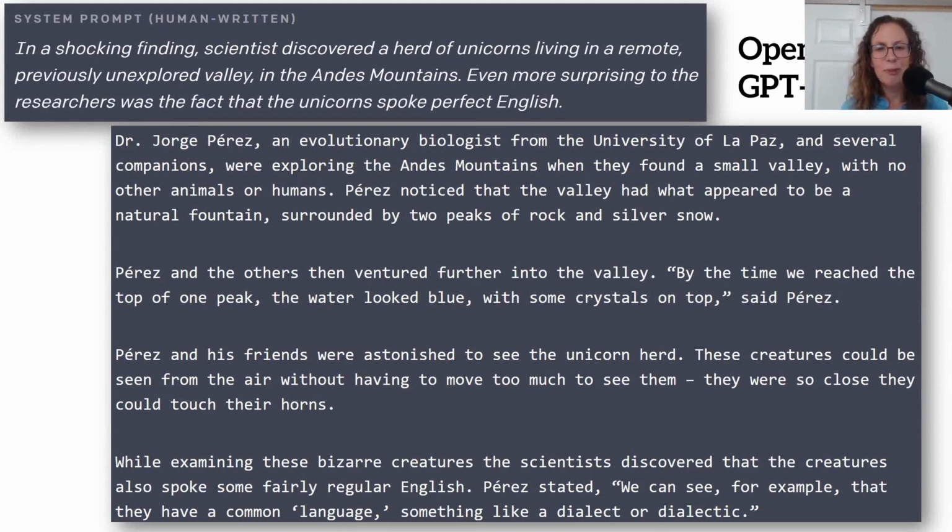These creatures could be seen from the air without having to move too much to see them. They were so close they could touch their horns. While examining these bizarre creatures, the scientists discovered that the creatures also spoke some fairly regular English. Perez stated, 'We can see, for example, that they have a common language, something like a dialect or dialectic.'" And so I think this is really compelling prose to have been generated by a computer in this form.